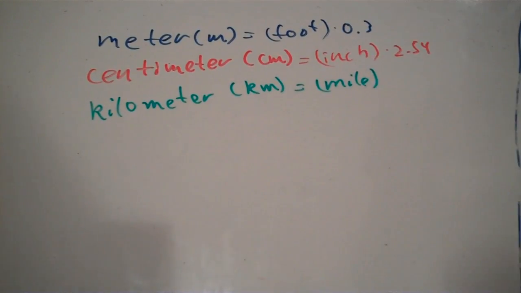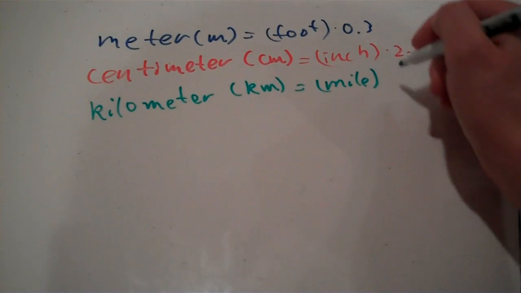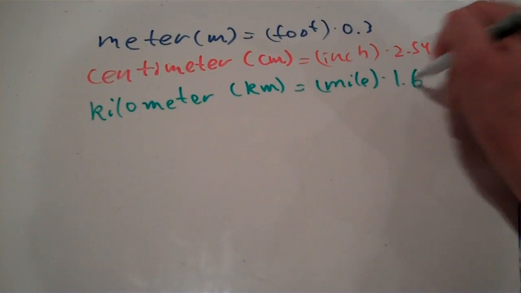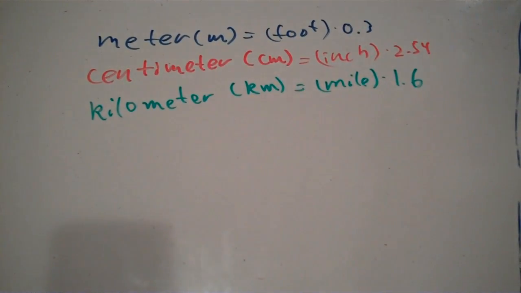And to convert miles to kilometers, you take your length measurement in miles and multiply it by about 1.6, and that will give you your approximate length in kilometers. Now, I don't have any fancy method to give you a general idea of about how long a kilometer is, but you would generally use kilometers when measuring the distance you traveled in a car.